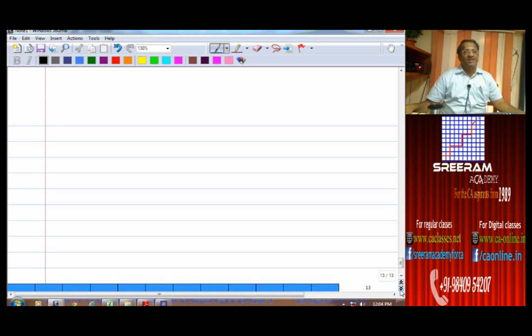Apportionment. The other name for apportionment is secondary distribution summary. Not that popularly known, but it is SDS. What is the work that we will be doing in secondary distribution summary?